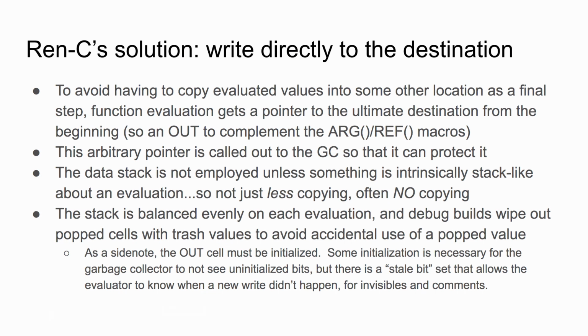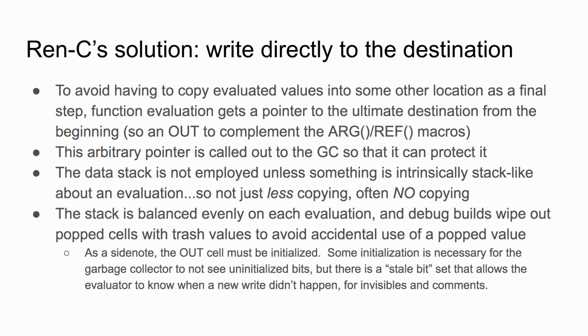Instead, when the evaluator is recursing, it doesn't have to copy values anywhere. It has a fixed location, a pointer that doesn't move during the entire function call, that is an out parameter, which is like a complement to the arg or ref macros if you read R3 alpha source. The GC knows about it and protects that fixed location.